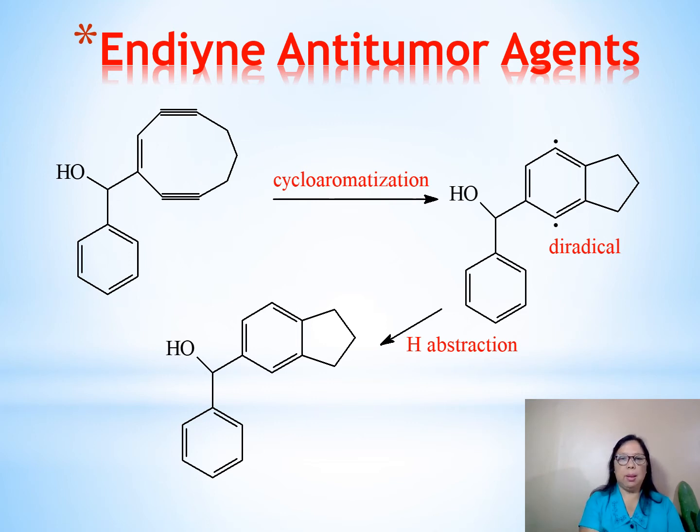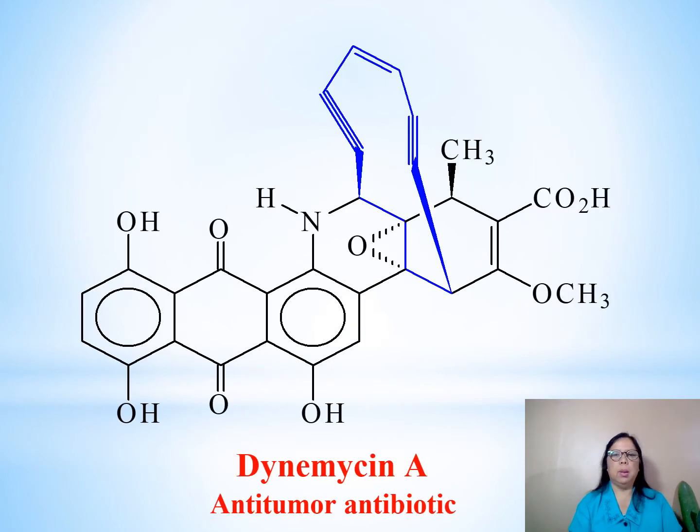Is that clear? So nothing happened to the other functional group. What only happened is the changing of the triple bond to form a bicyclo compound. Okay, this is dynemicin A.